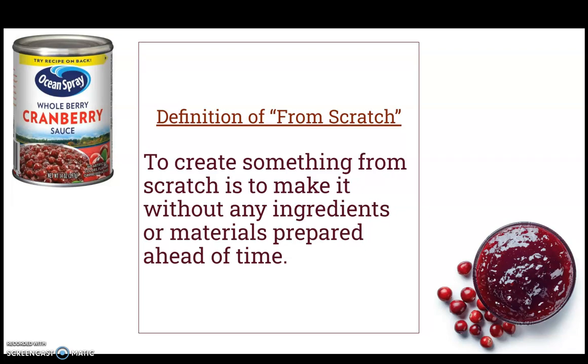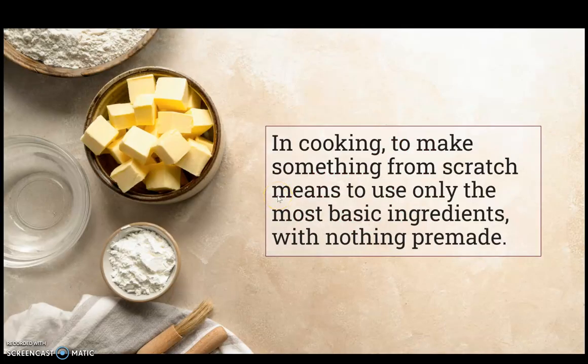I always think about the argument between homemade cranberry sauce and canned cranberry sauce. By the way, I love both, so if you want to make either of them for me, I will eat them. In cooking, to make something from scratch means that we only use the most basic ingredients with nothing pre-made ahead of time.